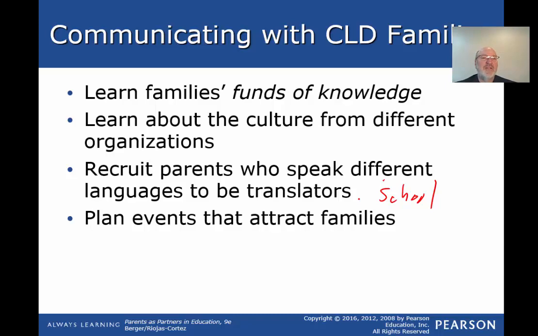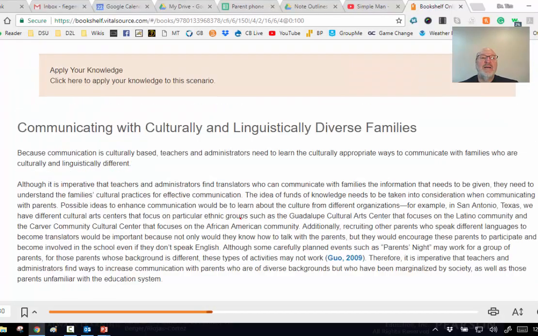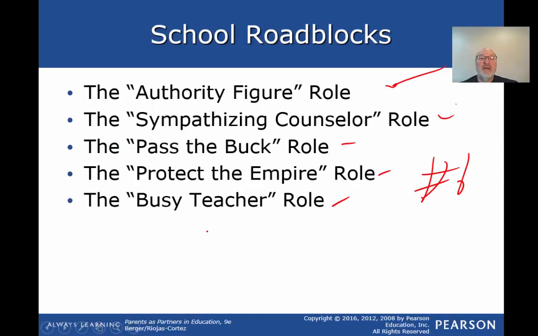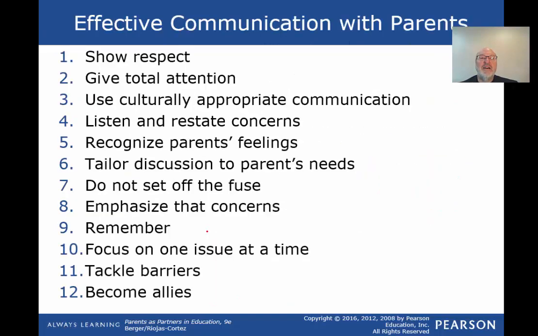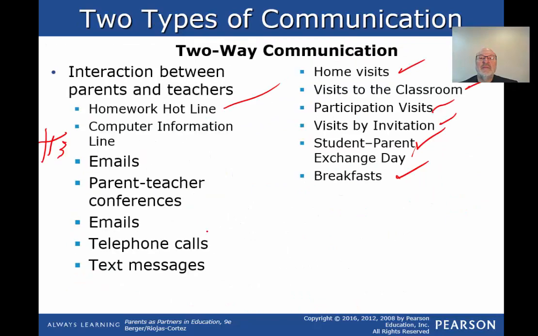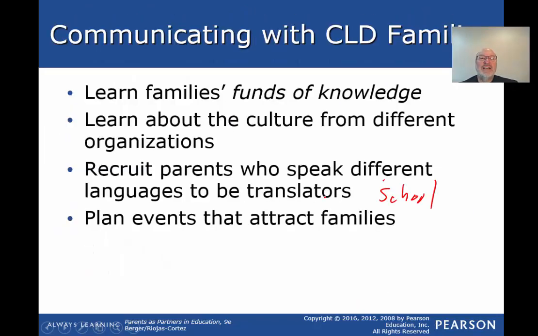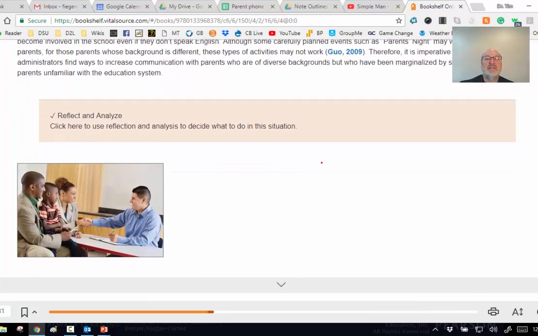So if you're doing digital stuff, their computer can translate into their language. And then, of course, do things that attract families to family events, and it goes back to maybe our pancake breakfast type thing. That would be a fun thing that would attract even people of different linguistically diverse families.